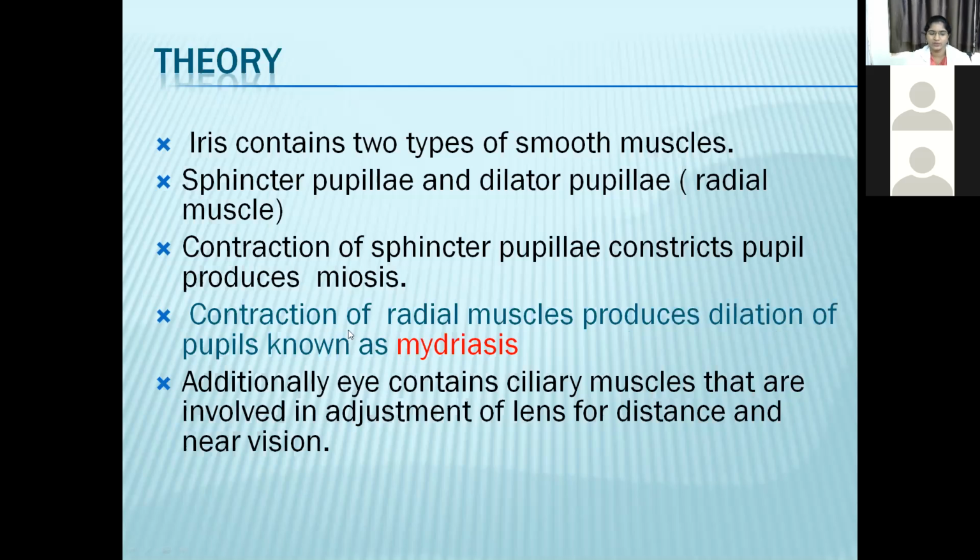Sympathetic drugs and anticholinergic drugs produce mydriasis. Additionally, the eye contains ciliary muscles, and anticholinergic drugs also act on the ciliary muscles. It produces accommodation and increases the outflow of aqueous humor, and decreases the intraocular tension.